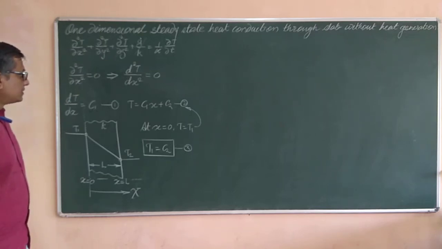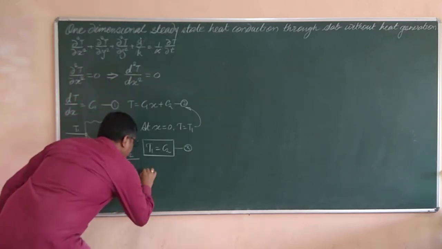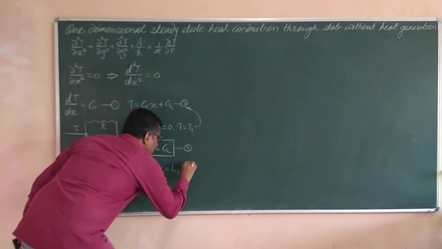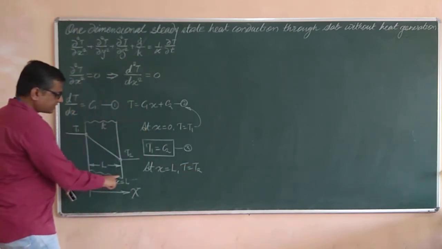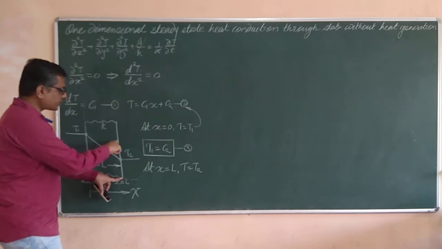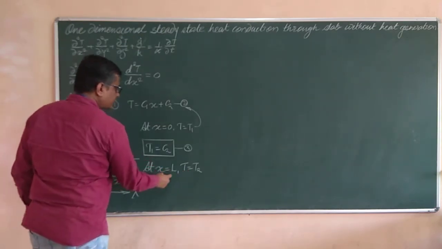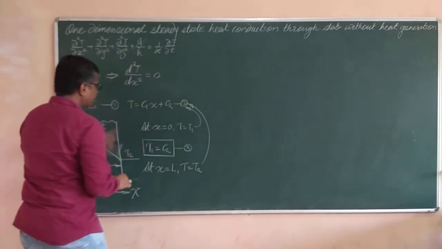Next, I am going to put down the second boundary condition. What is the second boundary condition? At x equal to L, temperature T will be equal to T2. Check this one: at x is equal to L, at this coordinate, the temperature at this surface is T2. If we put this condition into equation number 2 again, what will I get?